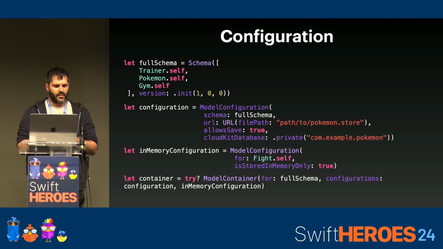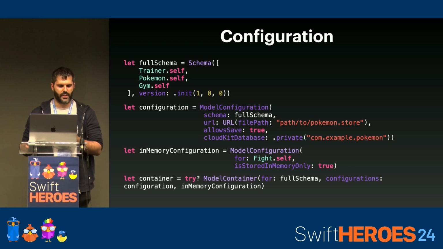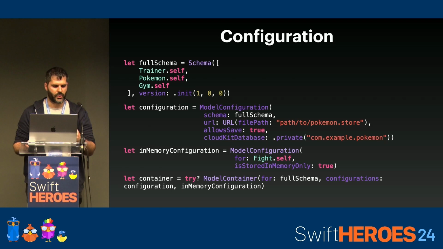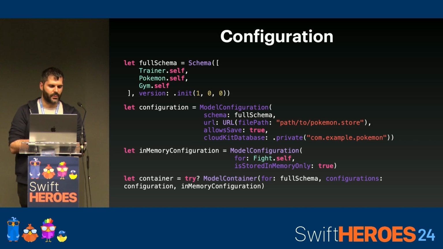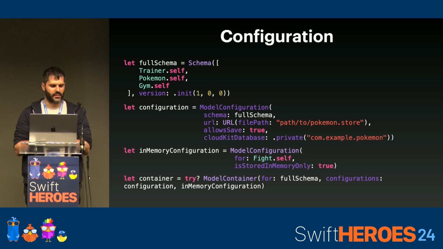The schema works with configurations. For example, in this case, I created 2 configurations. The first one uses the schema. With URL, we can specify the path where we want to save our database. With allows save, we can specify if this configuration permits writing the changes to the database or not.